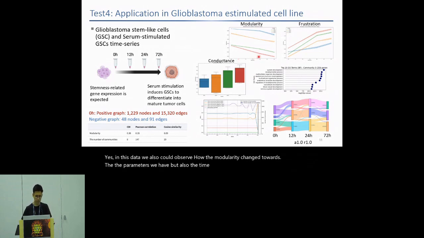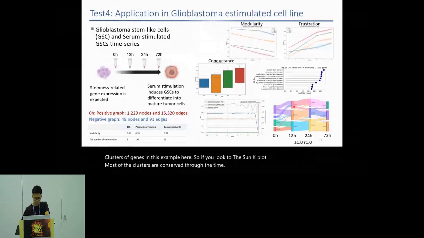And we found very, very conserved clusters of genes in this example. If you look at the Sankey plot, most of the clusters are conserved through time. And the GO terms identified here are also very close to the function of the cells.